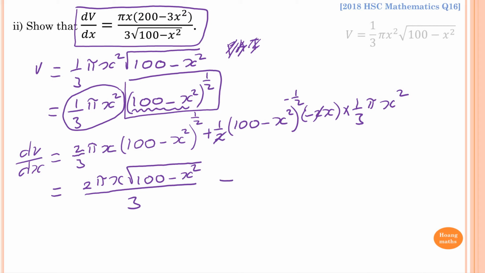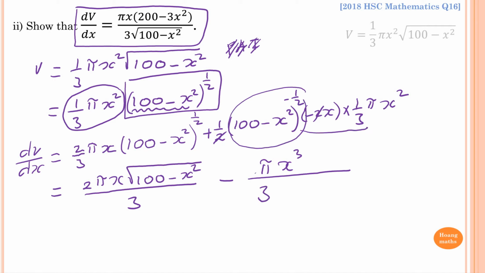So x times x squared is x cubed, so it is pi x cubed, all over, the negative a half, I bring it down, so it becomes 3, times 100 minus x squared to the power of a half, so it becomes a square root.